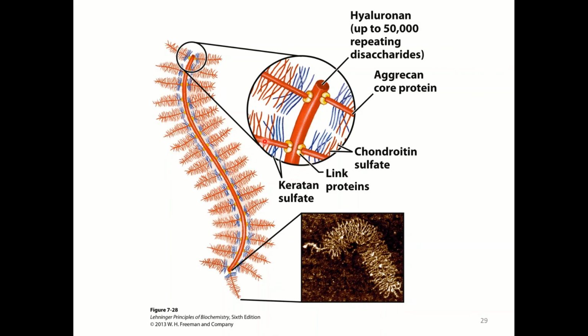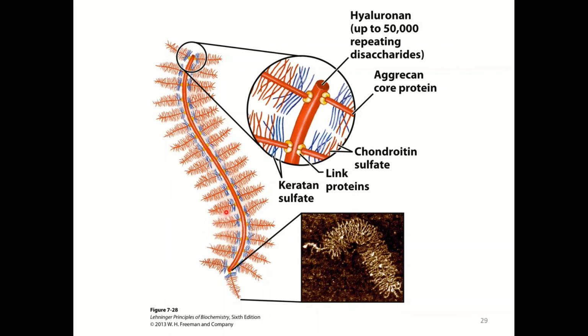So if we look at the big picture here, if you have this on the outside of your cell, all those negative charges and the polar aspect of the chondroitin sulfate and the keratan sulfate are going to attract a lot of water.